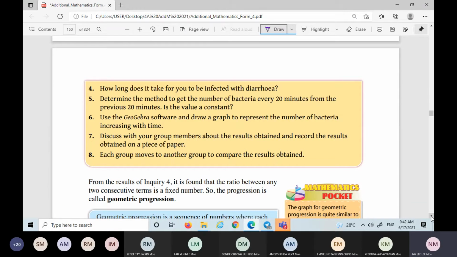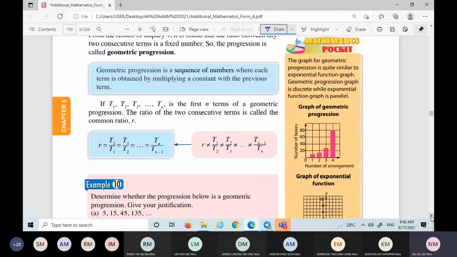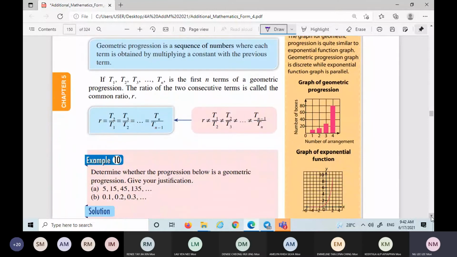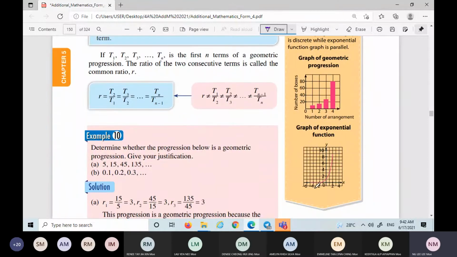Determine the method, sorry, use the software, draw a graph and discuss. If you want to see the graph, it is something like this, an exponential graph. If you plot the graph, you will get something like this.